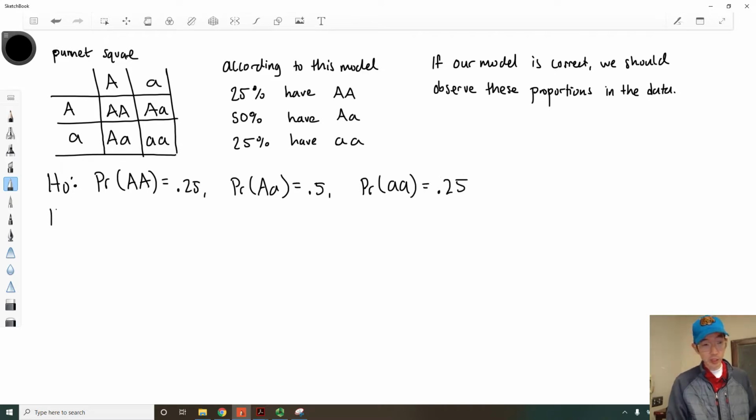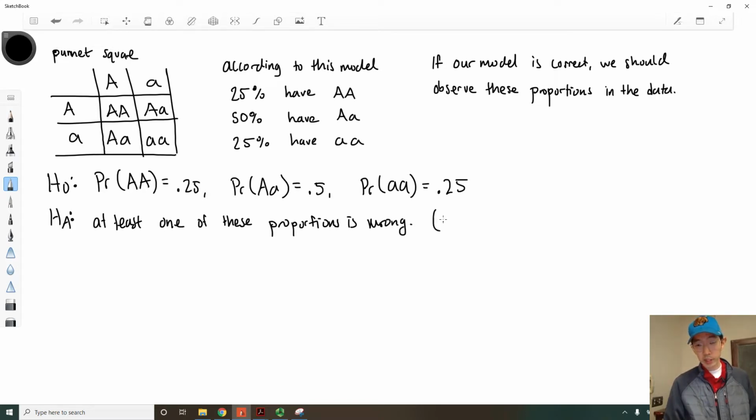And then the alternative hypothesis is at least one of these proportions is wrong. Okay, if you have more than two categories, it will always be non-directional.